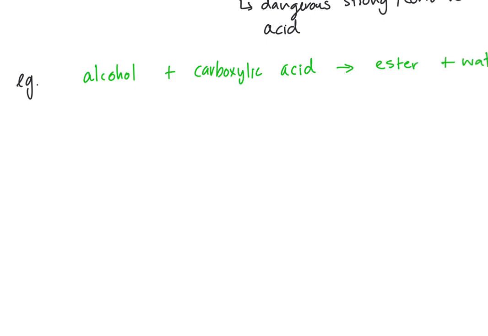So for this one, structural formula is very important. Reaction conditions are very important. And also how you name it is very, very important. You can take any alcohol, any carboxylic acid, mix them together, and you can get this reaction going. For example, if I took propanol and added it to ethanoic acid, I should get an ester and water.